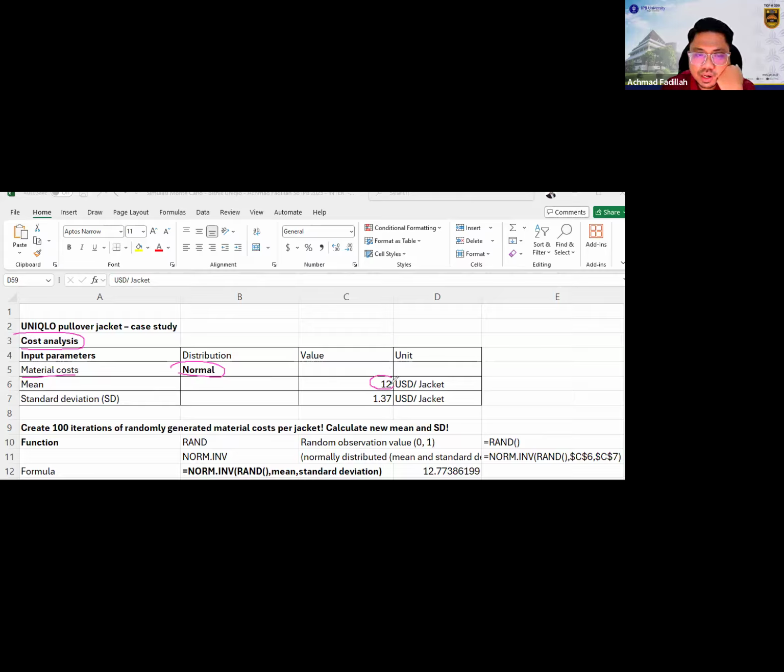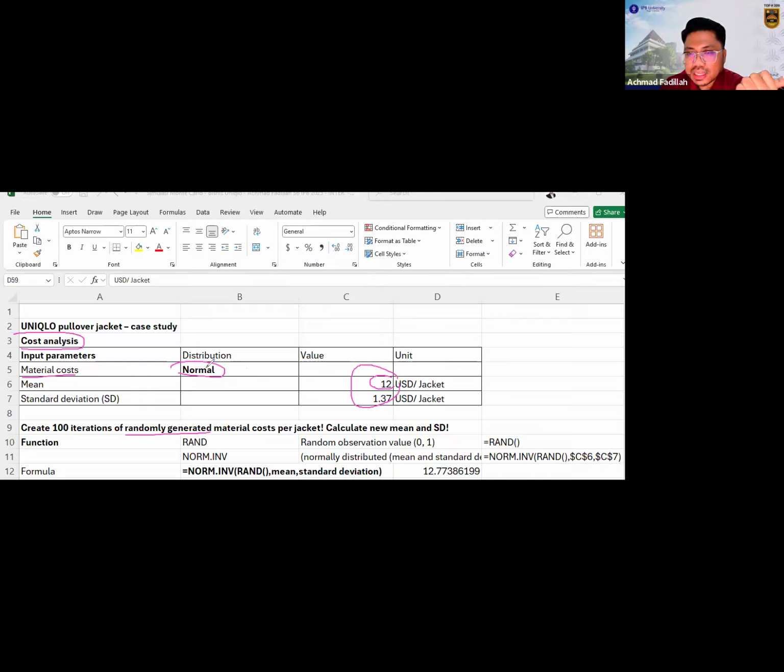We already know this information, and they also have a standard deviation of 1.37. And then the instruction is to create 100 iterations of randomly generated material cost based on this information.